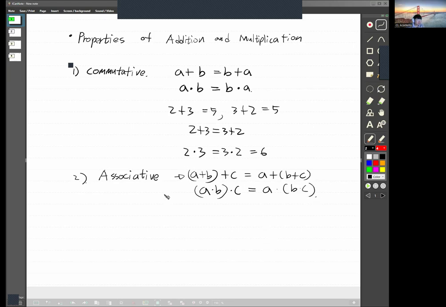Now, for the first one, addition: (2 plus 3) plus 5 is the same as 2 plus (3 plus 5).